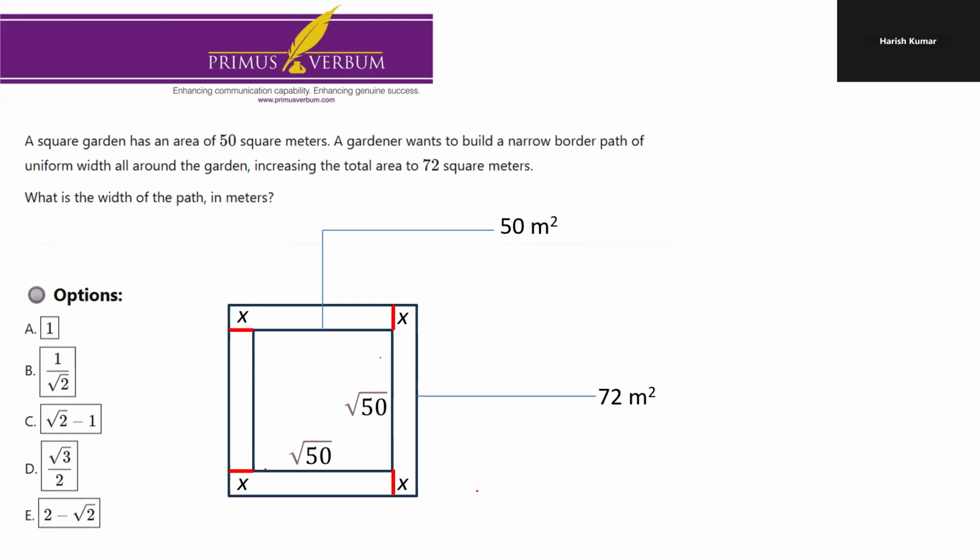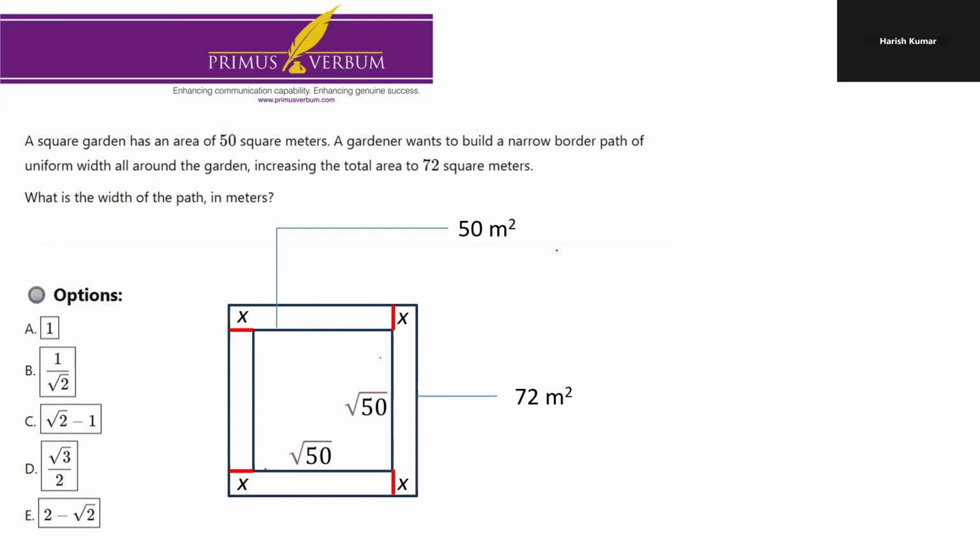Now, what's the next thing we have to do? We are asked the width of the path. So how do we go about finding that? Well, the width of the path is x, so we have to find the value of x, which means we have to create an equation with the known relationships involving x.